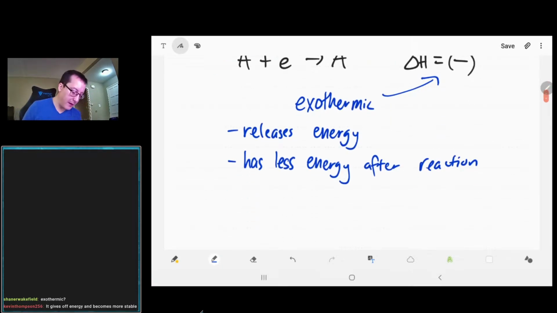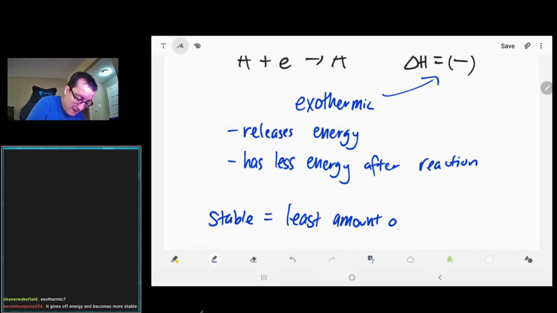And so we have to remember that in chemistry, stable always means the least amount of energy. The lower your energy is, the more stable you are. Highly reactive compounds have a lot of energy, they want to get rid of it. So stable things have the least amount of energy.